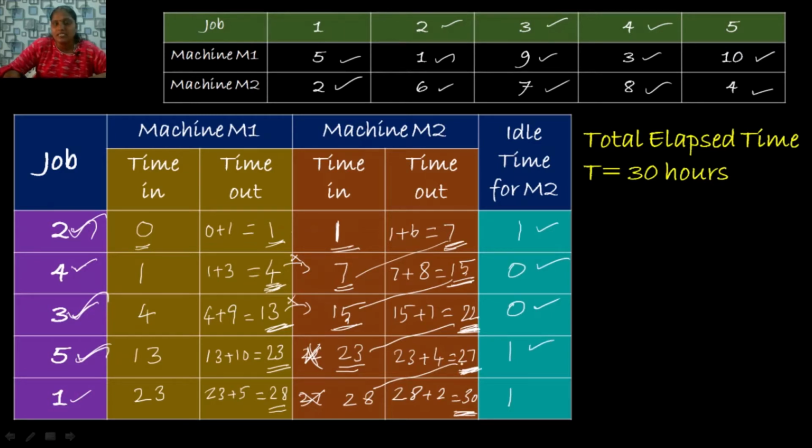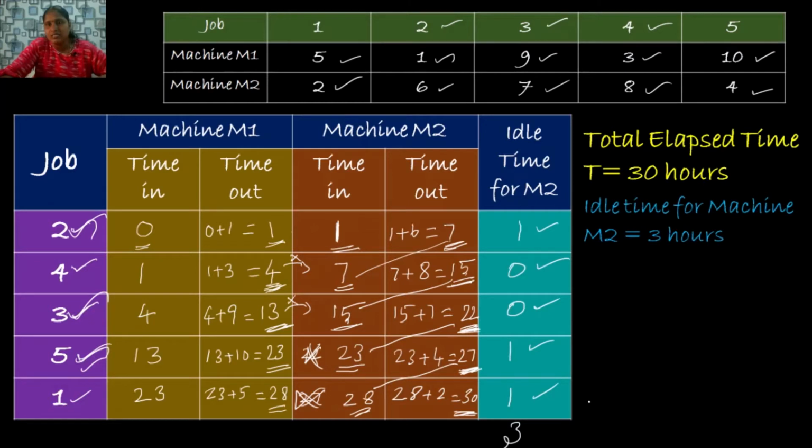At 27 hours it has completed its processing time on job 5, but it doesn't have any job then, so it has to wait for 1 hour to get the next job. So the total idle time for machine M2 is 1, 2, 3, so 3 hours.